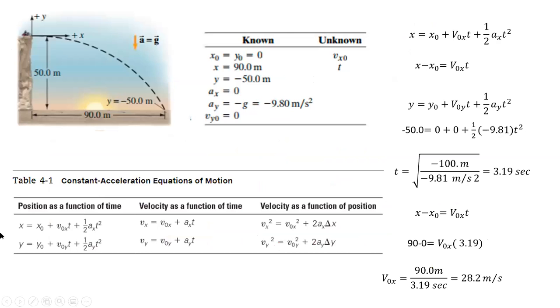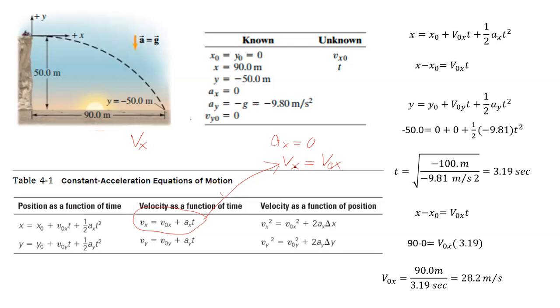Now you are plugging in the numbers. My purpose is to figure out Vx. If I take this equation, since Ax is 0, I'm getting Vx equals V0x mathematically.